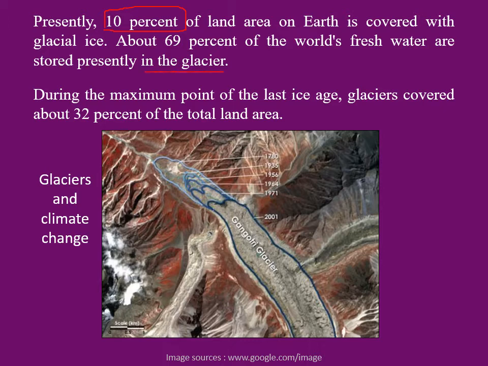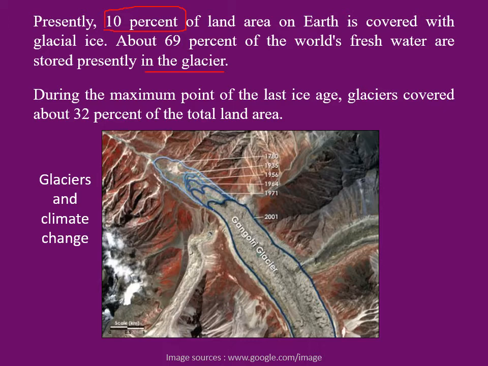Although the present day earth has only a very minute land surface covered, it was not constant through time. Glacial activity, or the coverage of Earth's surface with glacial ice, varies from time to time.